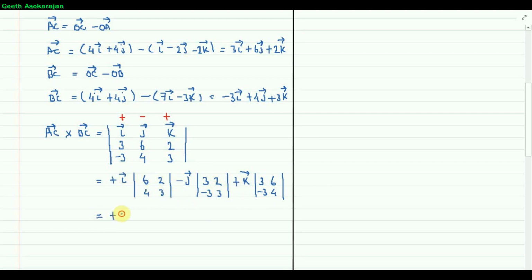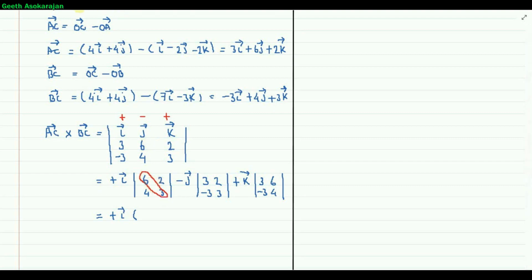So we have a plus i multiplied by. Now, to evaluate a 2x2 determinant, if I take my red pen, first we multiply the elements along this diagonal. We call that the leading diagonal.